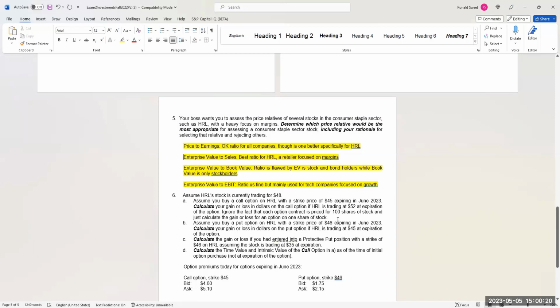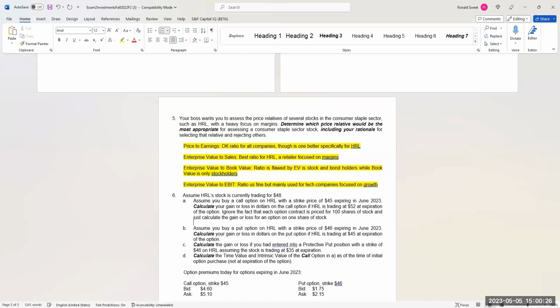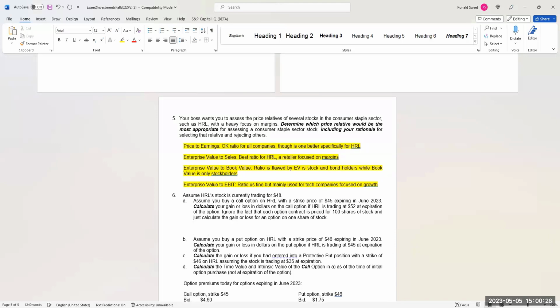The option question, this might be the one we did in class on the team question, I can't remember. But if so, we'll just practice it again. But calculate the call first. So here on the call, remember the value is going to be max of the stock minus the strike and 0, minus the call premium.